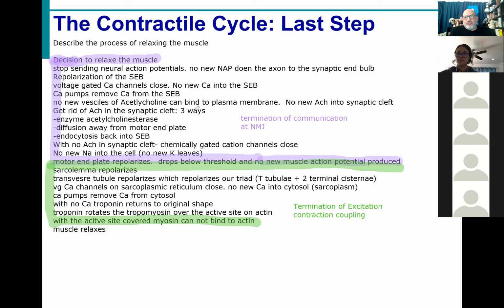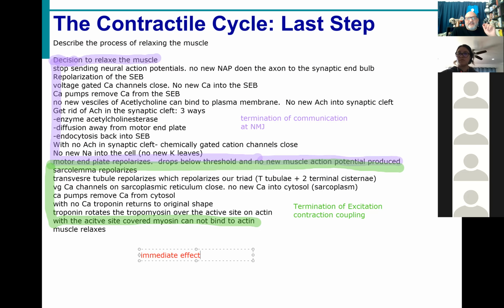So a good trick to help you to be successful in having the detail needed is to, again, think what is the immediate effect. Notice when you stop producing a neural action potential, the synaptic end bulb stops releasing acetylcholine, but that's not the immediate effect.